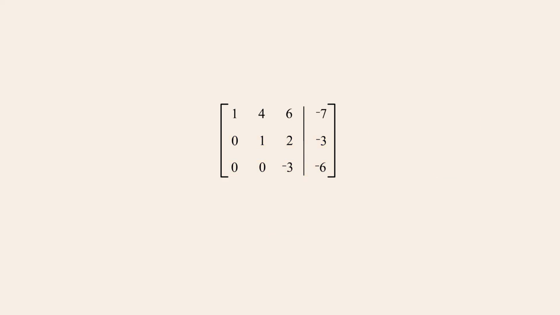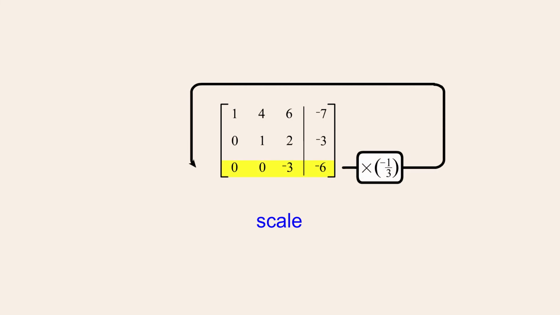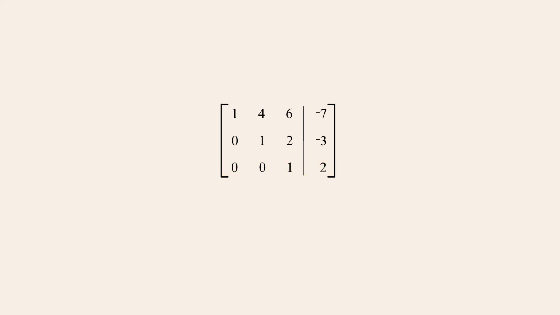With column 2 in order, we could then move on to column 3. Since this column contained only a single leading entry, we only needed to change that entry to a 1. Once again, this was accomplished using a scale operation. Thus completing the transformation of the array to row echelon form.